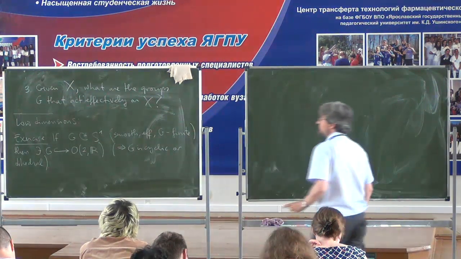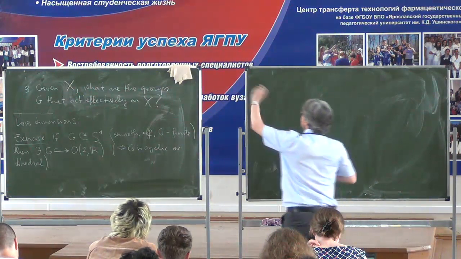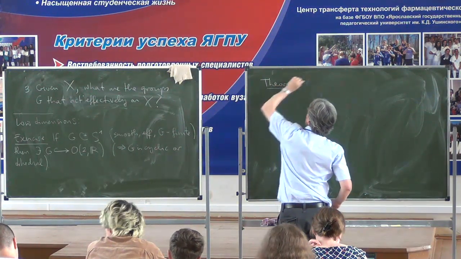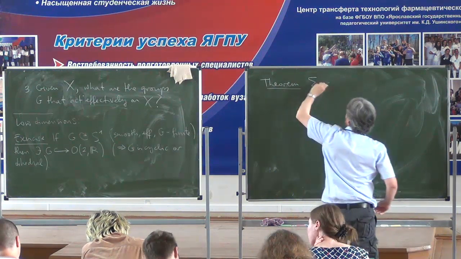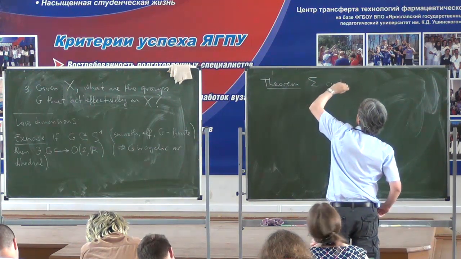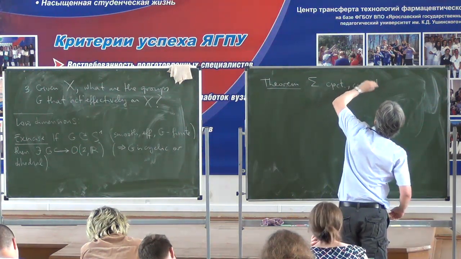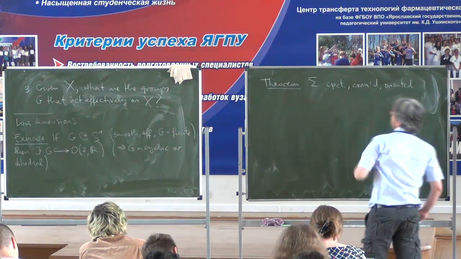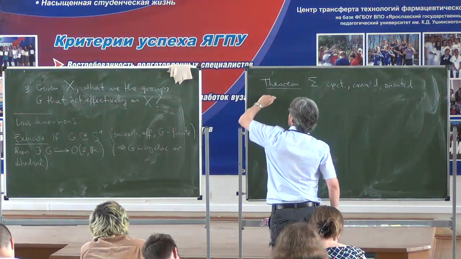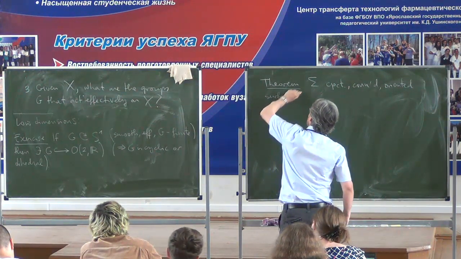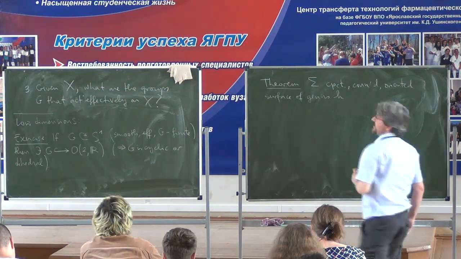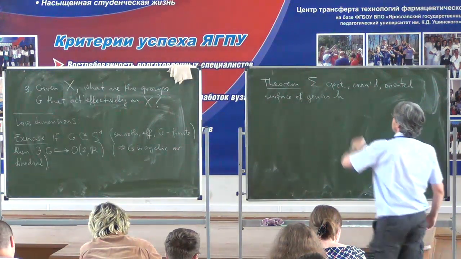In dimension 2, one has the following result. So suppose that sigma is a compact, connected and oriented surface of genus G. Or let me call the genus H and reserve G for the group.